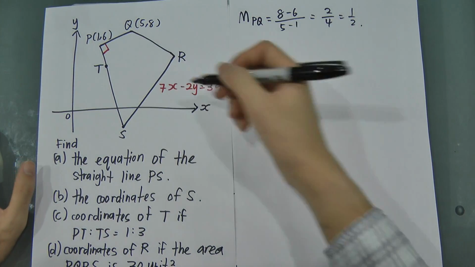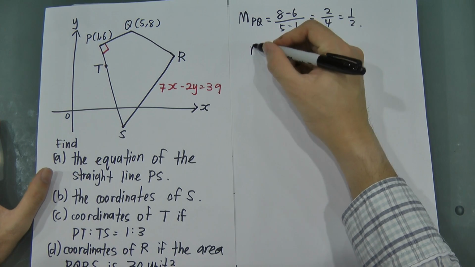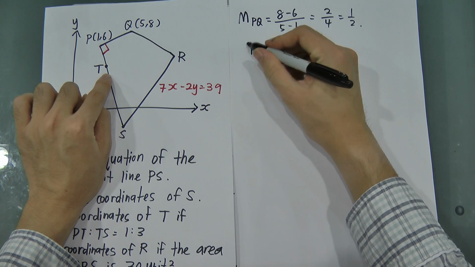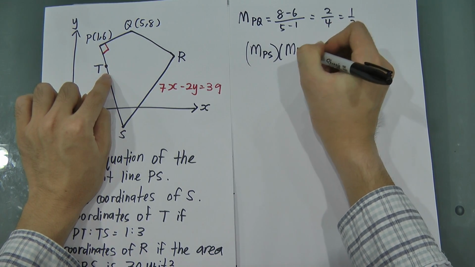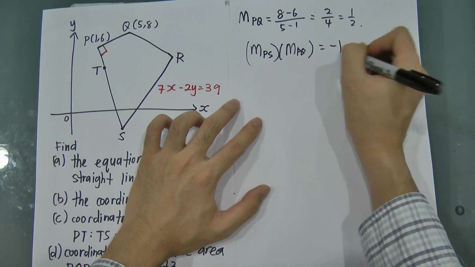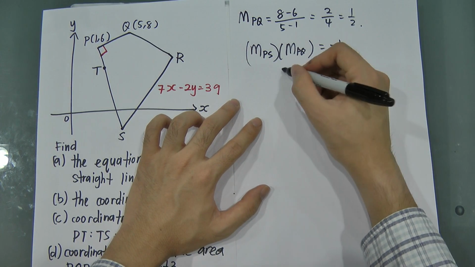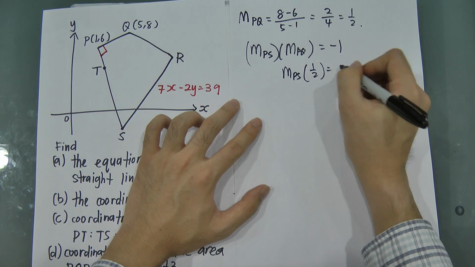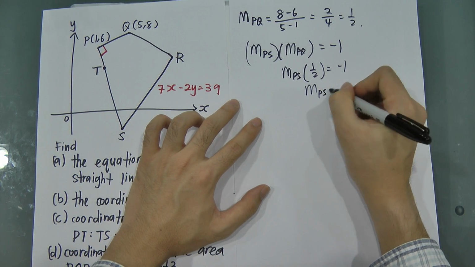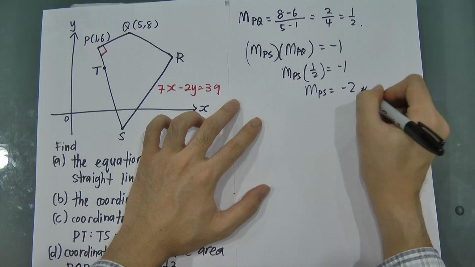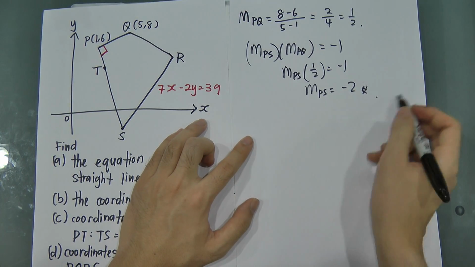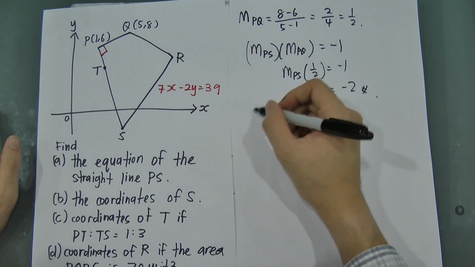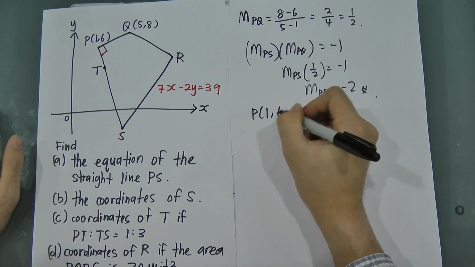Because it's perpendicular, gradient for PS multiplied by gradient for PQ will give me negative 1. So gradient for PS multiplied by 1 over 2 gives negative 1, so gradient for PS equals negative 2. Then I have to substitute one coordinate on the line PS, which is the coordinate P, (1, 6).